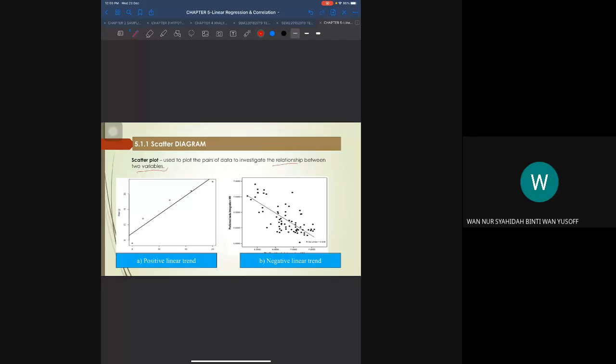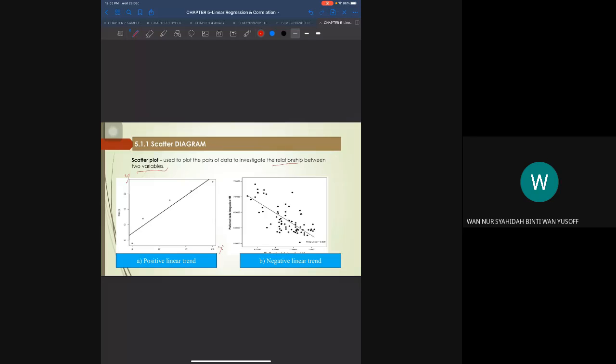The first step, you can sketch the scatter plot and then comment on it. It is just a simple scatter plot between your X and Y. To confirm what we say here, we have to calculate the numerical value. We discuss that after this.